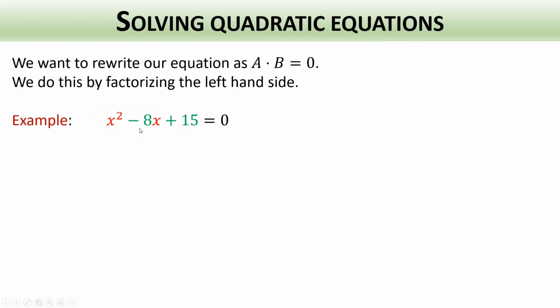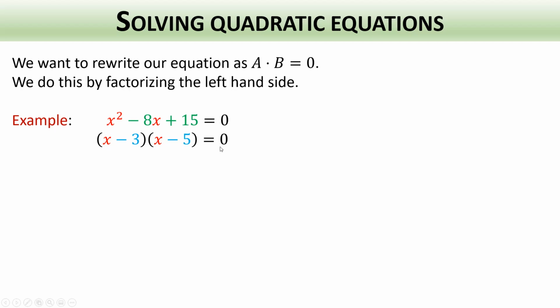So we look for two numbers whose sum is minus 8 and whose product is 15. Those numbers are going to be minus 3 and minus 5, because minus 3 minus 5 is minus 8, and minus 3 times minus 5 is positive 15. So we can rewrite this as x minus 3 times x minus 5 equals 0.